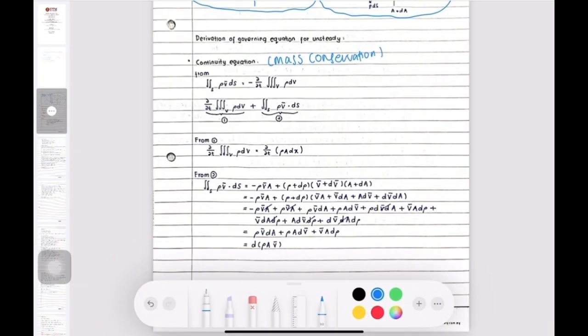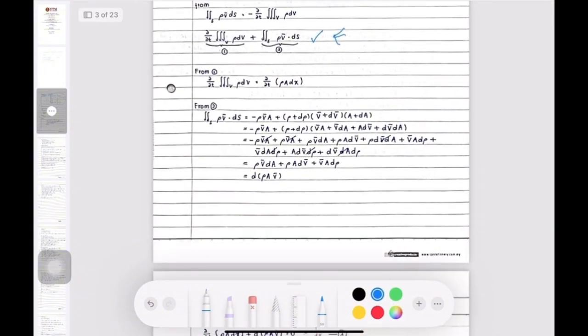Okay, so for a finite control volume, the integral form of the continuity equation is this. Then apply this equation to the shaded control volume. This control volume is a slice of nozzle flow where the infinitesimal thickness of the slice is dx.